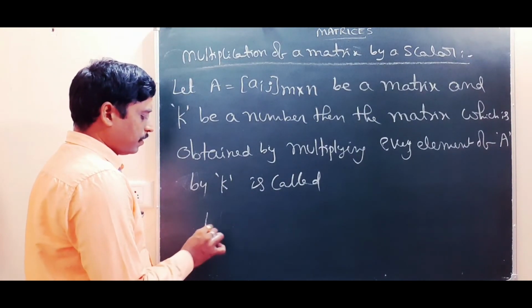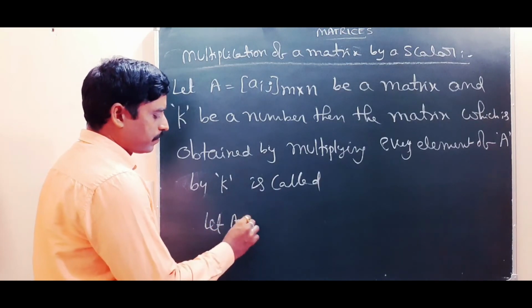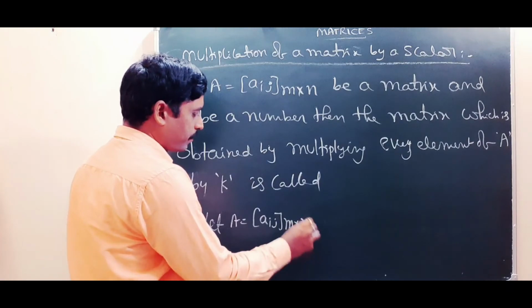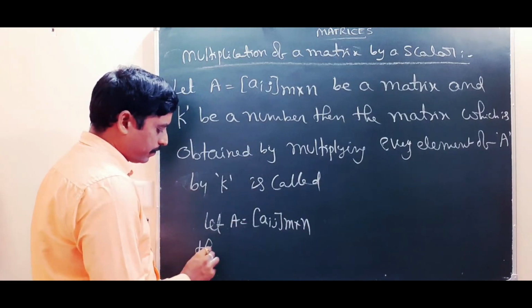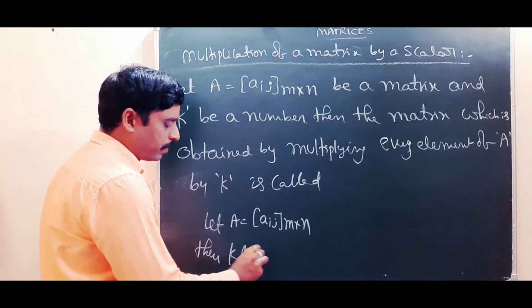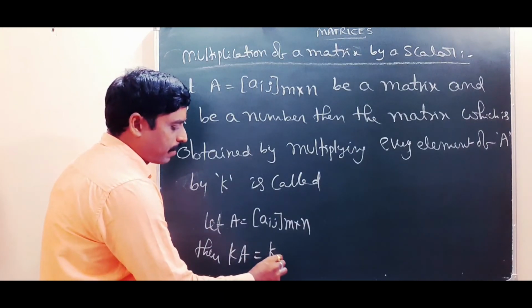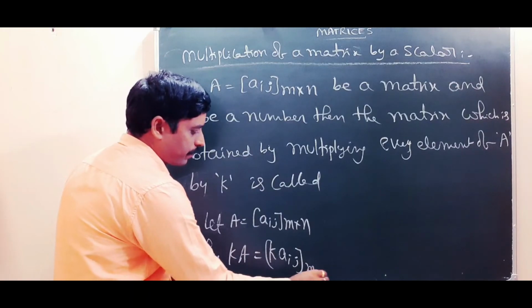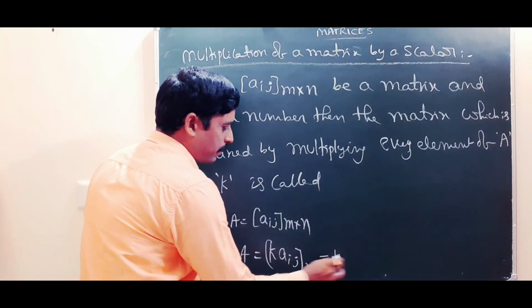This means let A equal Aij, an m by n matrix, then KA equals K times Aij. This is nothing but A into K.